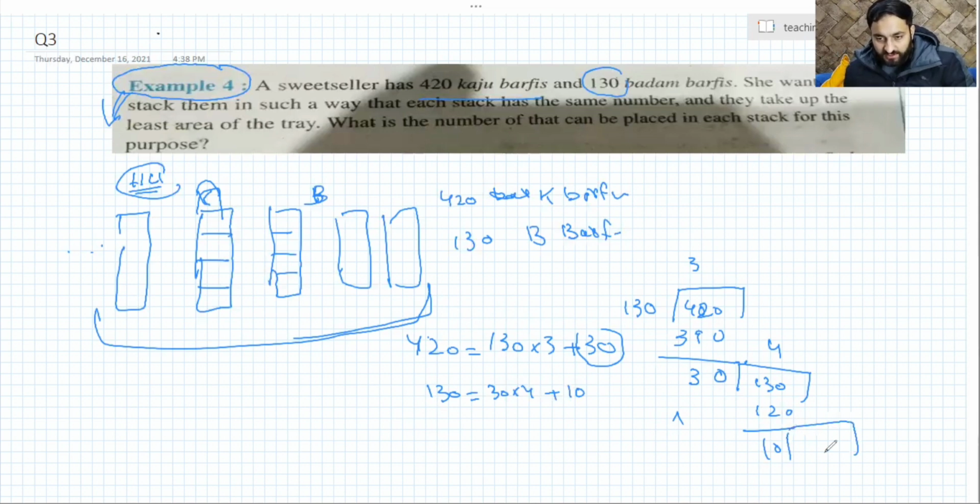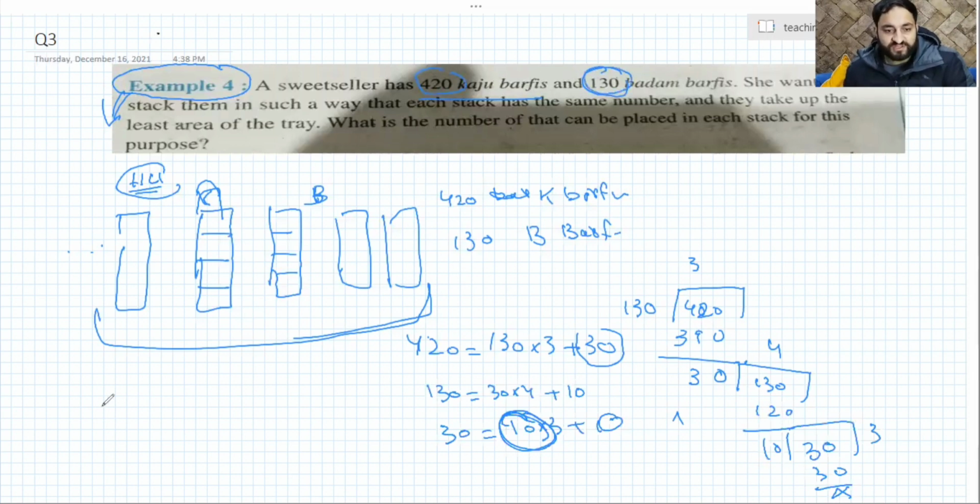Then 30 equals 10 multiplied by 3 plus 0. This 10 is going to be the HCF of 420 and 130.